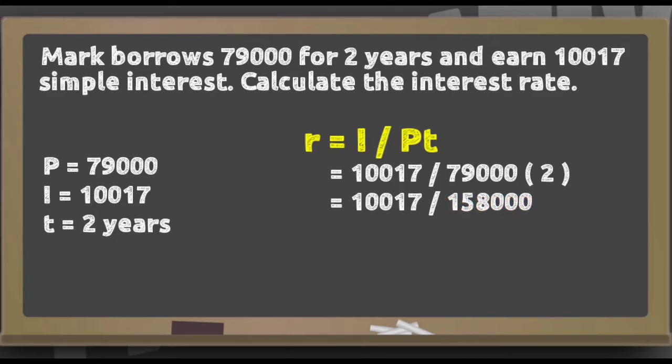Then divide 10,017 by 158,000, and it equals 0.063. Convert 0.063 to percentage because it is asking for the interest rate. Just multiply 0.063 by 100 or just move the decimal point 2 times to the right and the interest rate should be 6.3%.